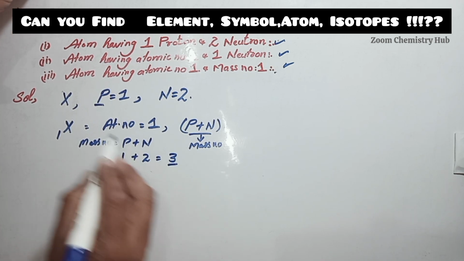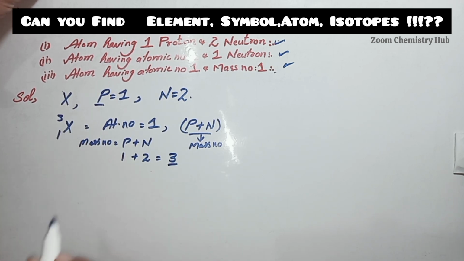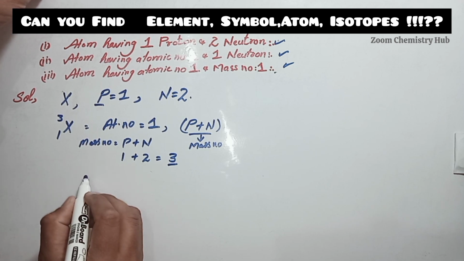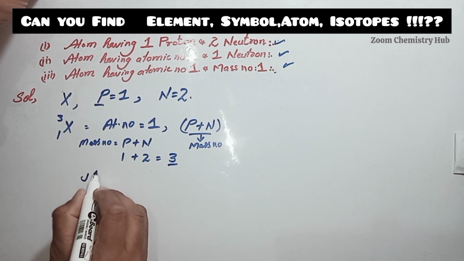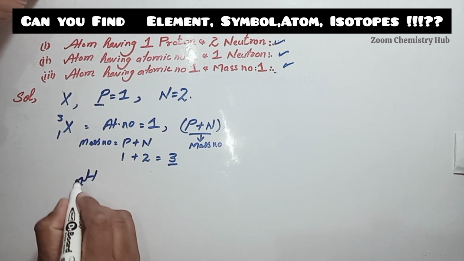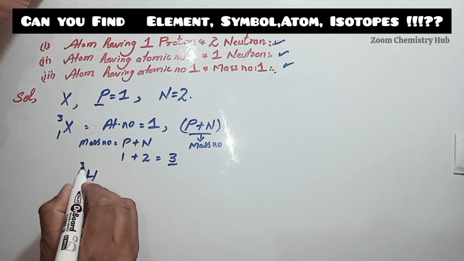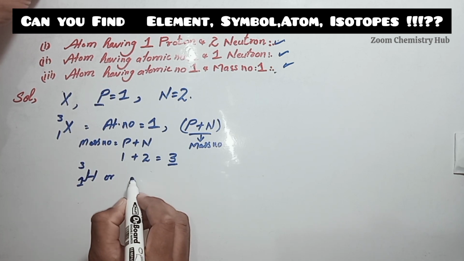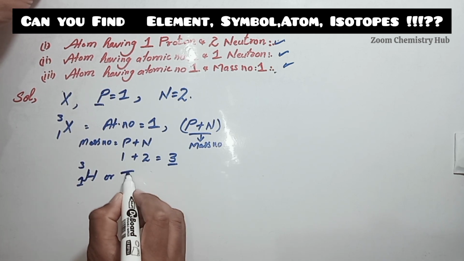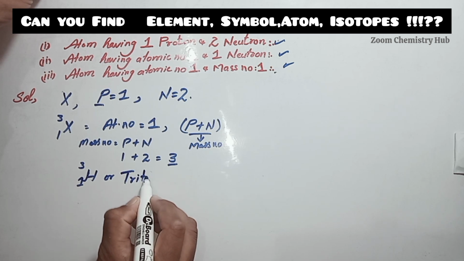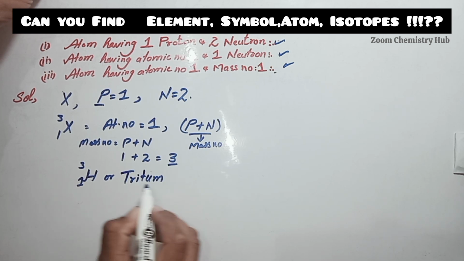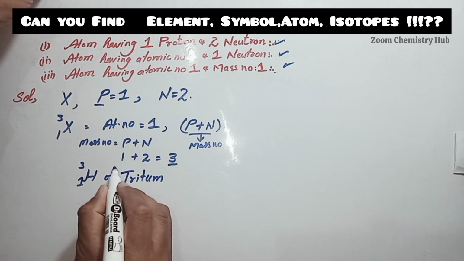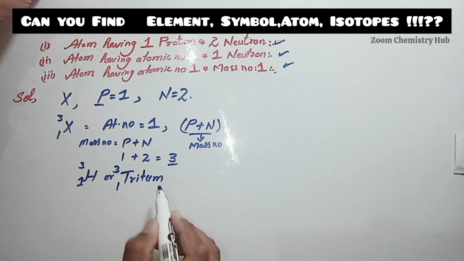So 3 is the mass number of this X element, and the element having atomic number 1 is hydrogen, and having mass number 3, this is the isotope of hydrogen, that is tritium, which has atomic number 1 and mass number 3.